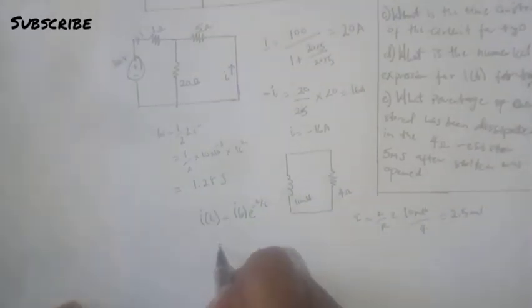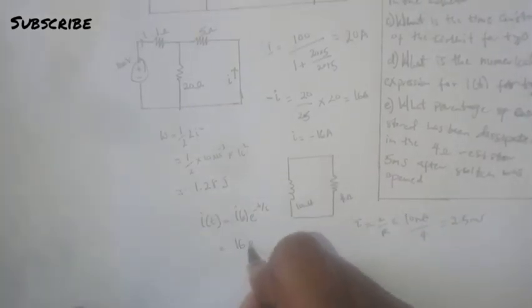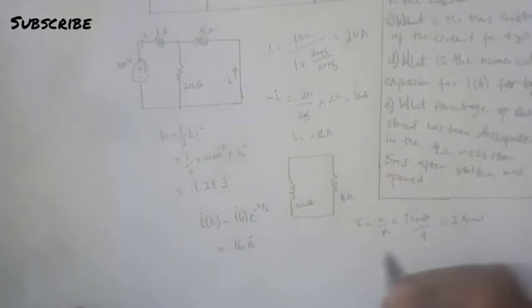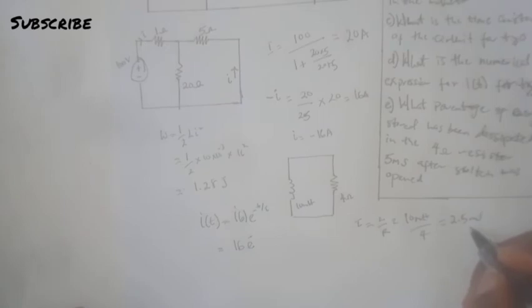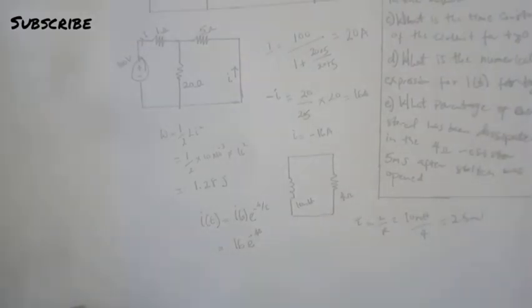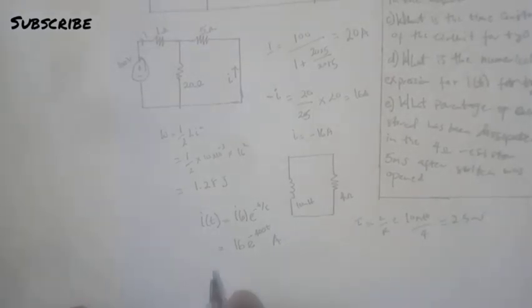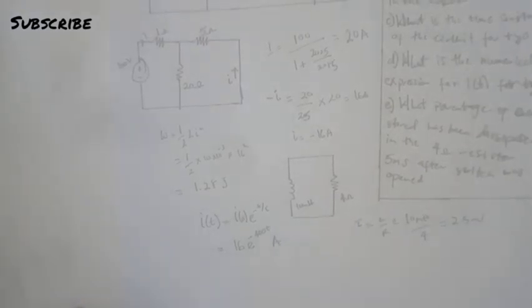So in this case, it will be 16 e raised to the power minus t over 2.5 milliseconds, that's 400 multiplied by t, so 16 e raised to the power minus 400 t amperes. So that is the value of i of t at any point in time.